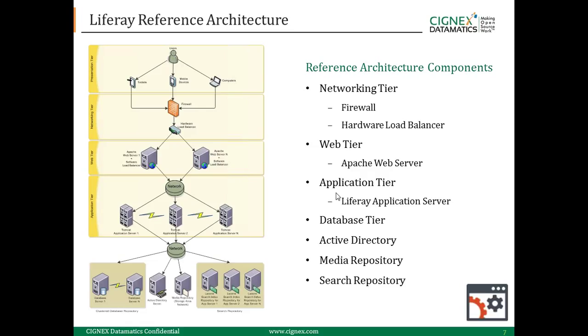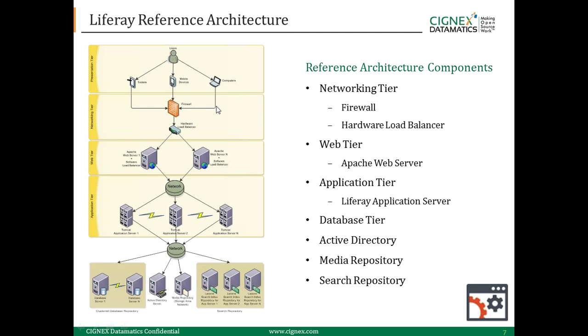We'll start with the architecture based practices. This is a Liferay reference architecture, which we usually follow in most of the projects at CIGNEX Datamatics. We have a network tier, followed by the web tier, and at the bottom the application tier. The application tier is responsible for connecting to all your third-party systems, your database, your Active Directories, your media repositories, your search repositories.